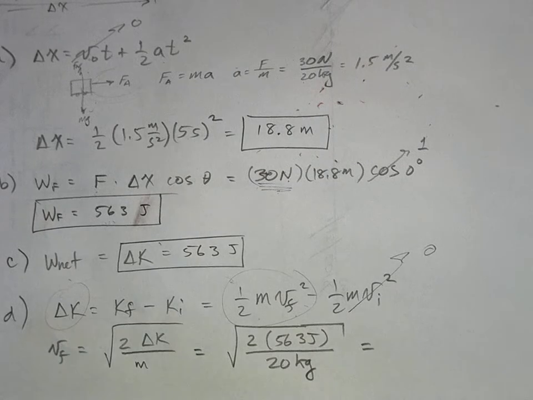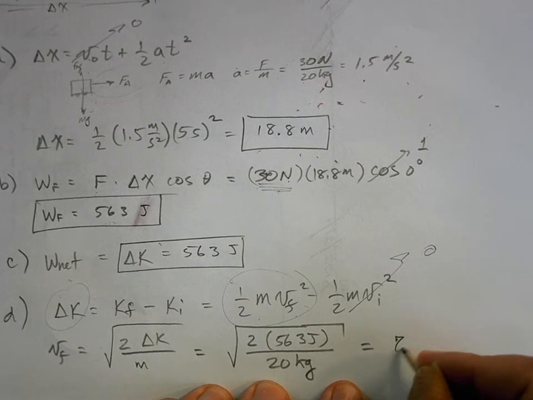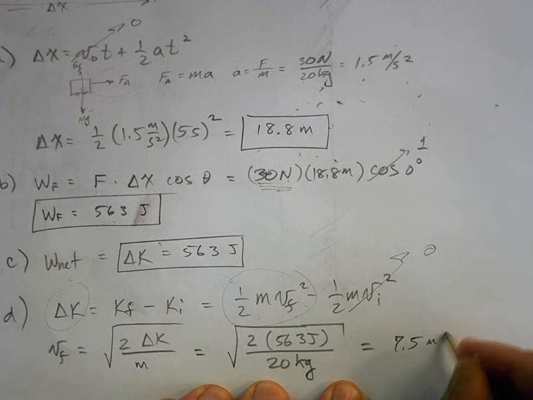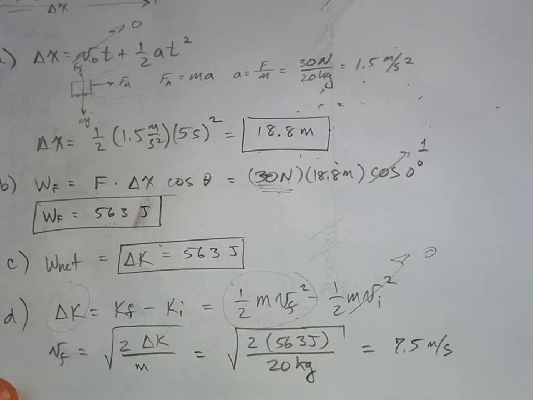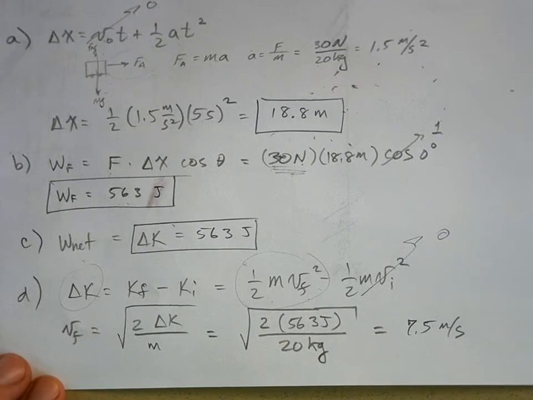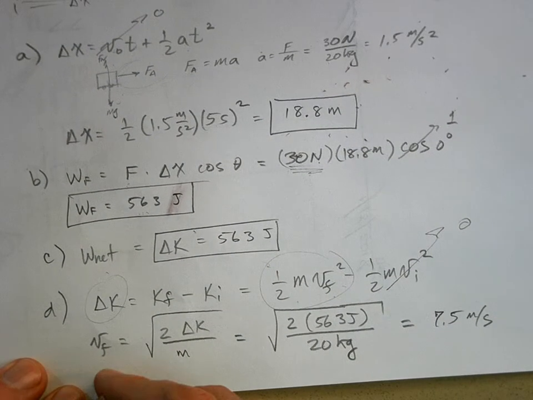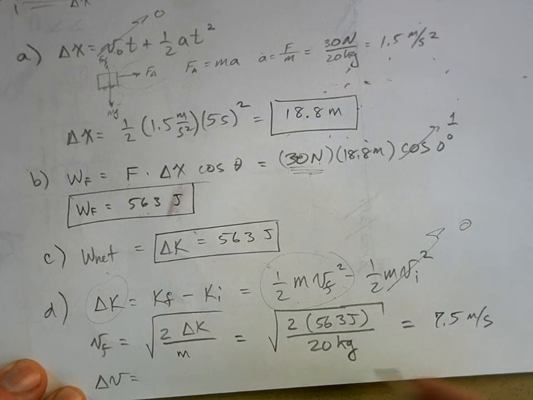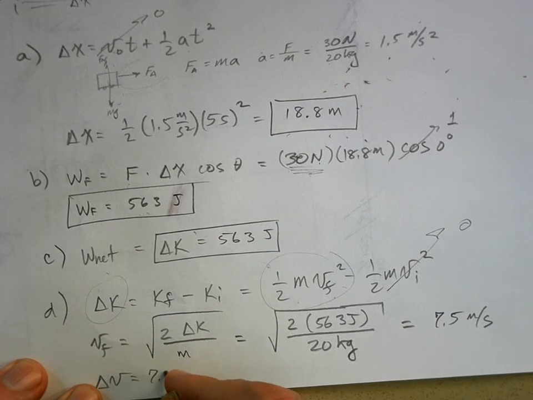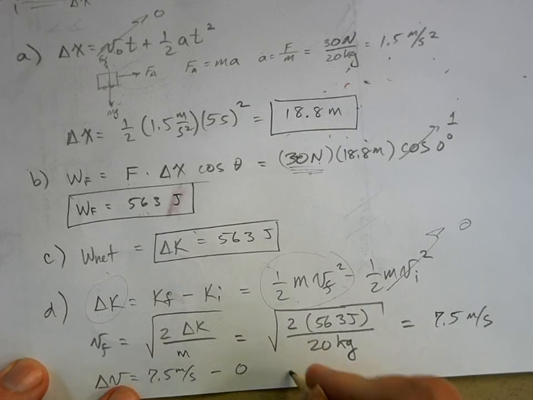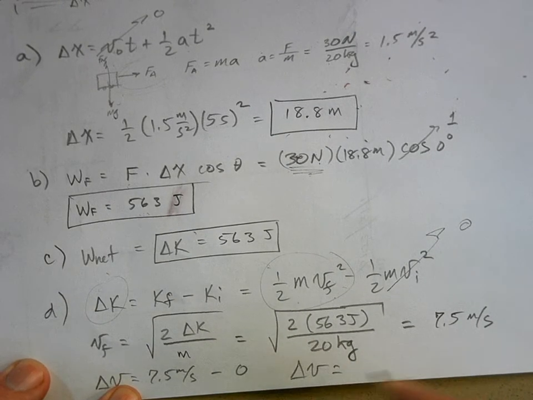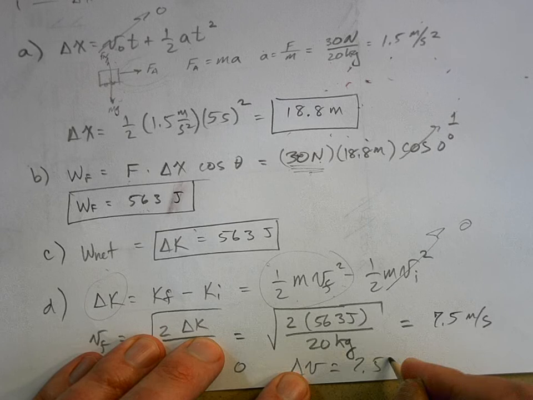And I got 7.5. Now, I didn't really ask for the final velocity. I asked for the change in velocity, which is v final minus v initial. So delta v is 7.5 meters per second.